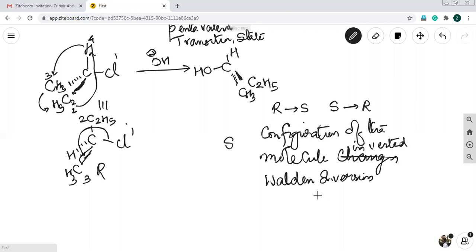So these are the methods by which you can find out whether a reaction is SN2: if a Walden inversion has occurred in a substitution reaction.